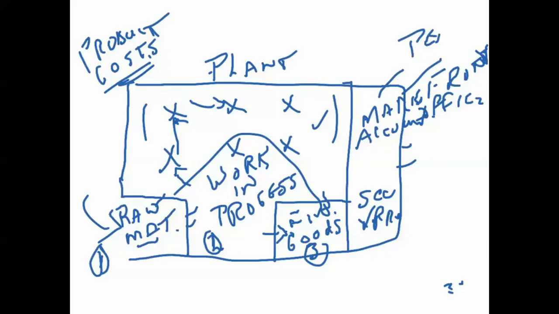These costs at the front are what are called period costs. They have nothing to do with the manufacture of the product. Sales and marketing, general administration, all of those kinds of costs are what are called period costs. They're called period costs because they are going to be expensed in the income statement in the accounting period in which they were incurred.